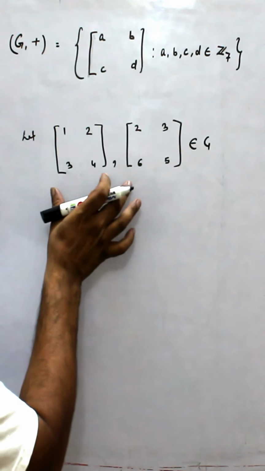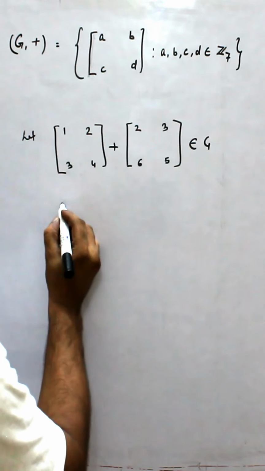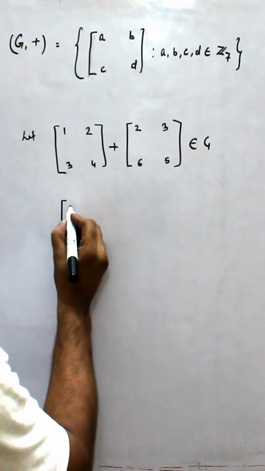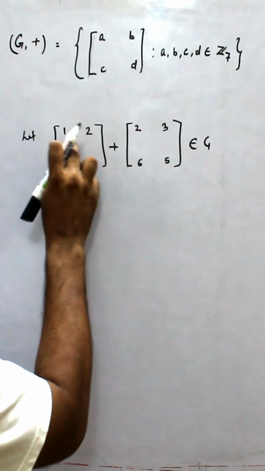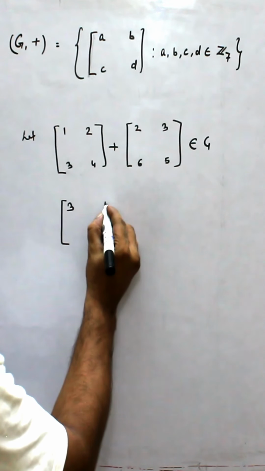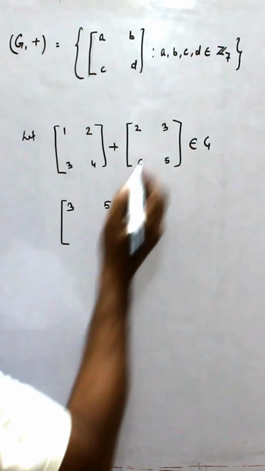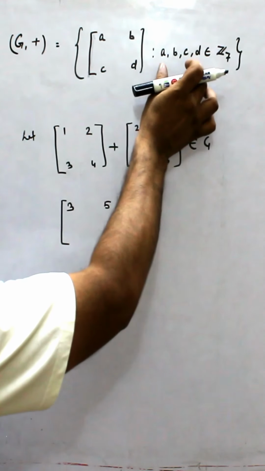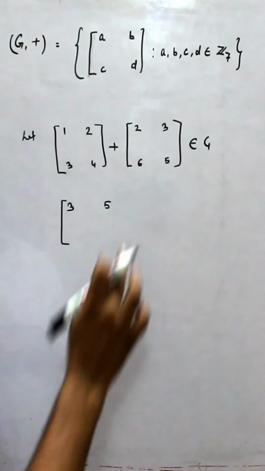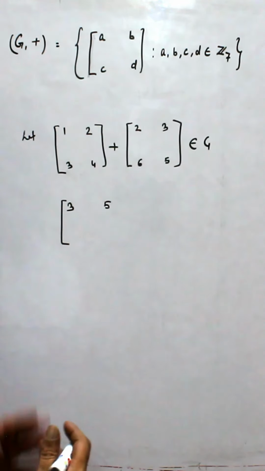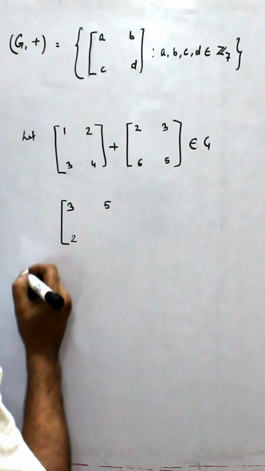If I add them, 1 plus 2 is 3, 2 plus 3 is 5, 3 plus 6 is 9, and because this is Z7, the operation of addition is not simple addition but modulo 7. So 9 divided by 7 gives 2.